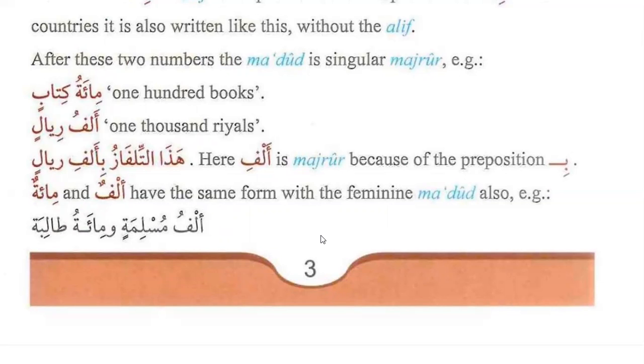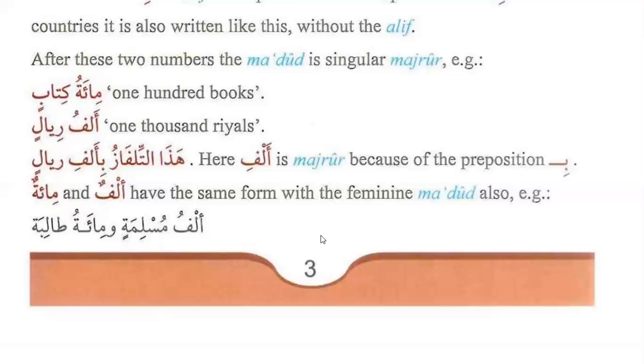Then from 11 to 99, what is the madud? Mufrad mansoob. From 11 till 99, it is mufrad mansoob.